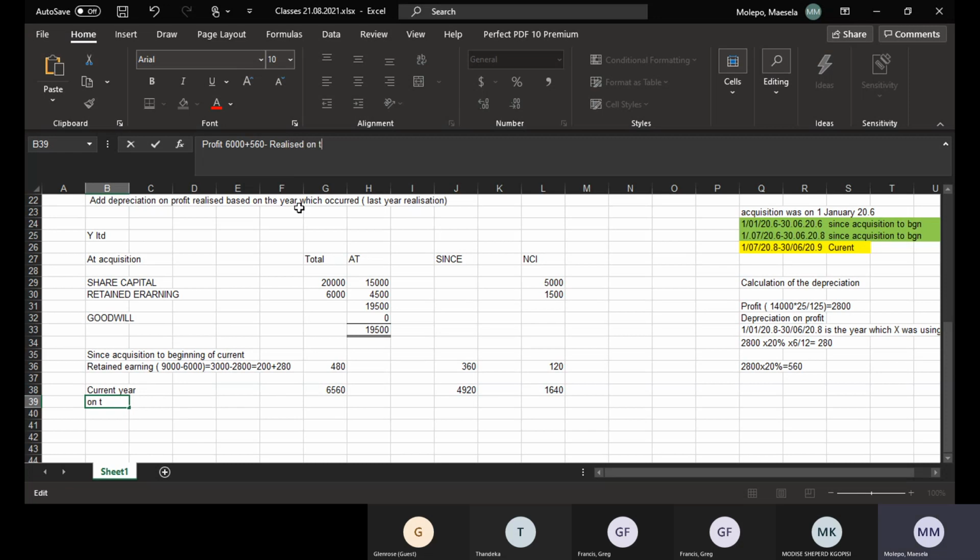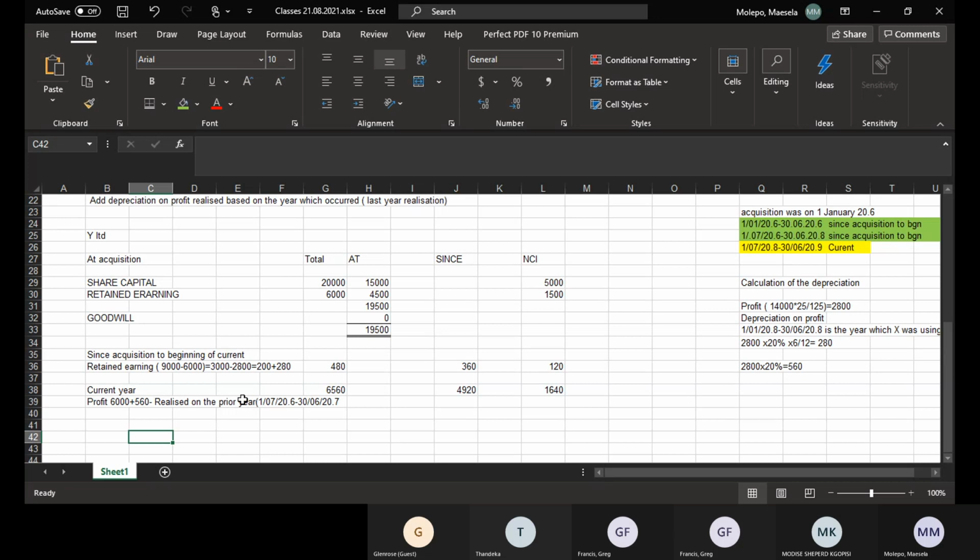Realized in the prior year, which was the period between 1 July 2007 to 30 June 2008.